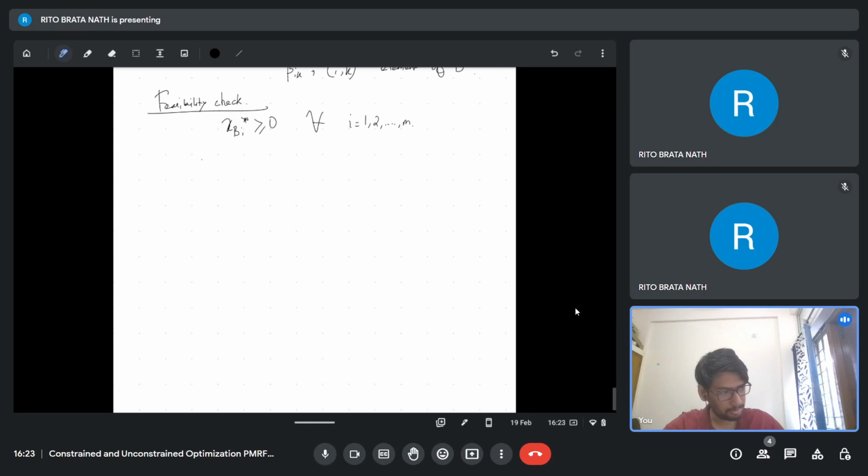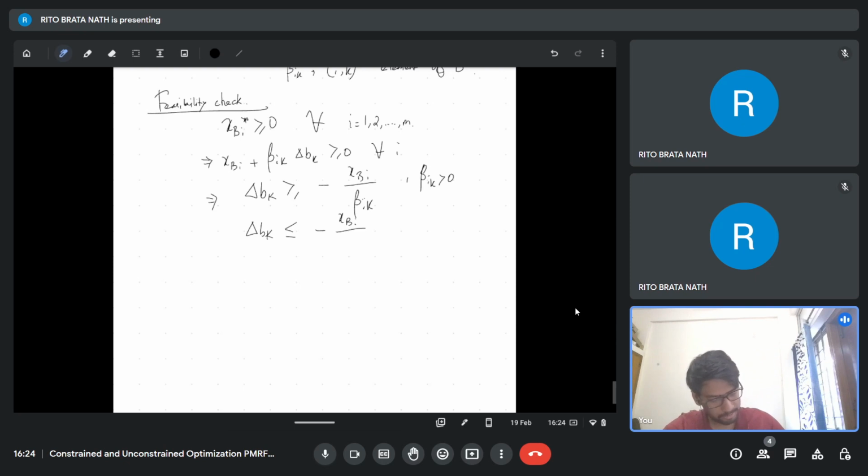So that means xbi plus beta ik delta bk greater than or equal to 0 for all i. You will again get something like delta bk greater than or equal to minus xbi over beta ik if beta ik is greater than 0, or delta bk less than or equal to minus xbi over beta ik if beta ik is less than 0.